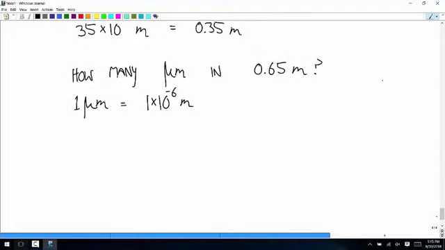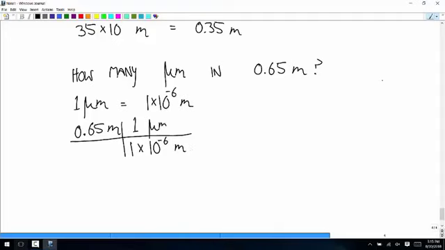So we'll start with 0.65 meters. Our unit conversion has 1 times 10 to the minus 6 meters in the denominator and 1 micron in the numerator. The meters cancel.